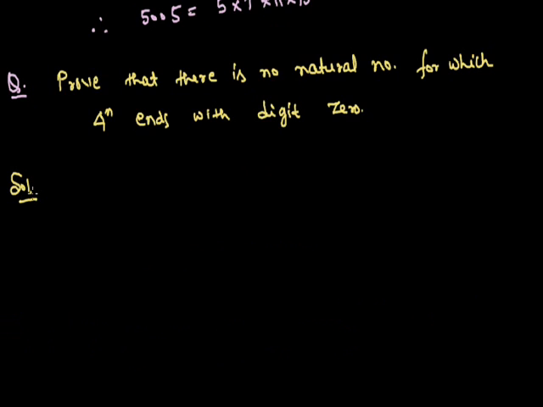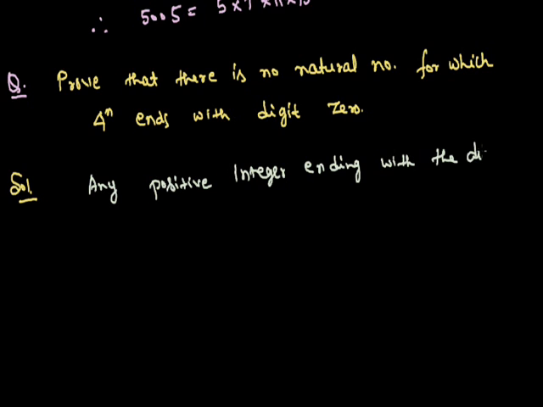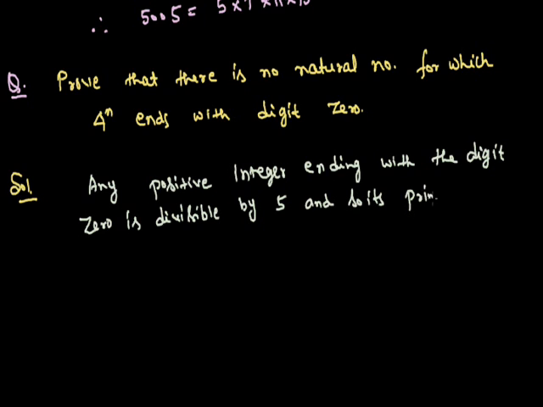Now solution for this: any positive integer ending with the digit 0 is divisible by 5, and so its prime factorization must contain prime 5.